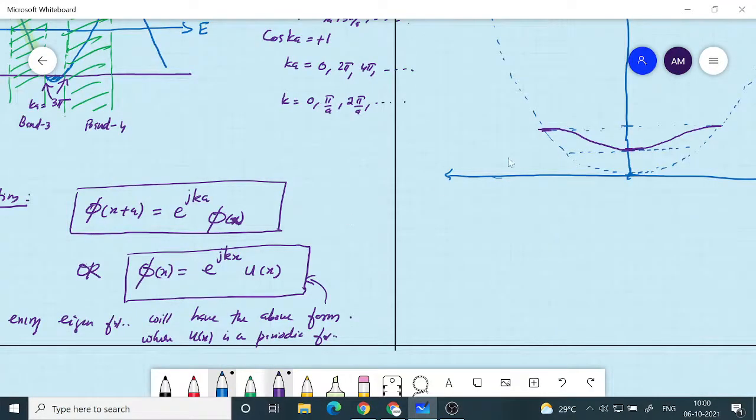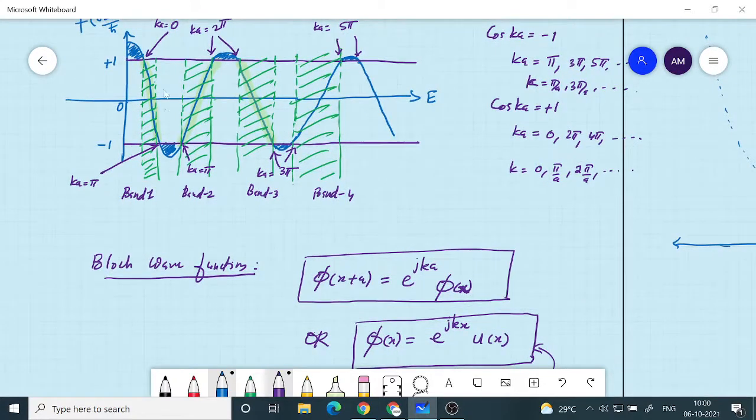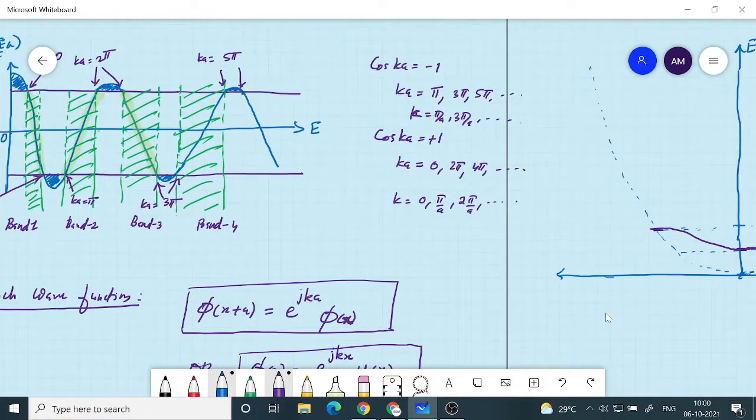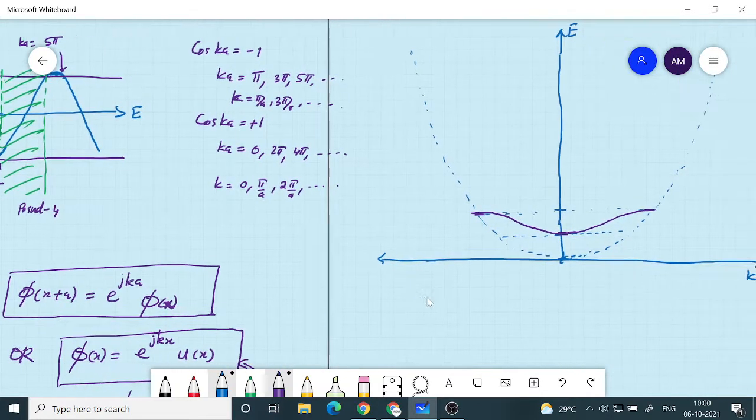If you look at here, there is a forbidden region between these two, ka equal to pi and ka equal to pi. So there is a lot of energy for which you don't have any solution. So there will be a gap. Let me put that gap like this. Say there is a forbidden gap. So let's say this much is the gap, and then after that you will again have solutions.